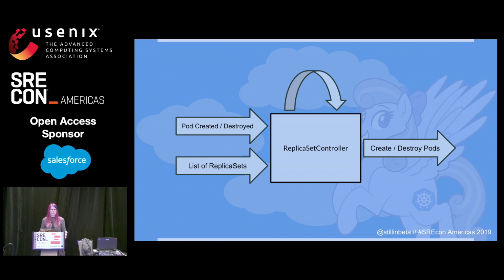It knows every replica set that's been created, and it knows when they're destroyed. It also gets events about, hey, this pod isn't available anymore, or hey, this pod has already been created. And in response to those events, it creates or destroys pods, again, by just posting back to the API server.